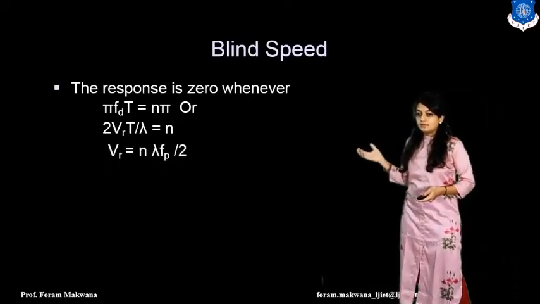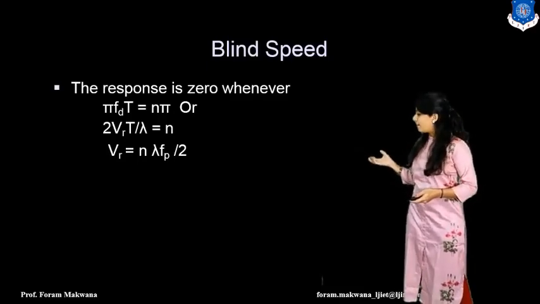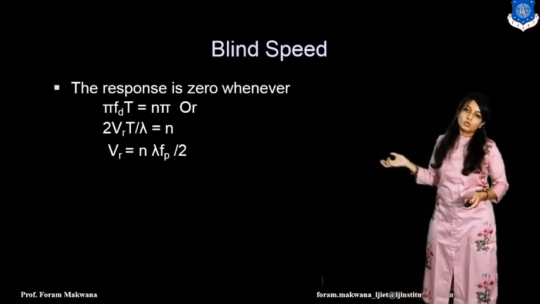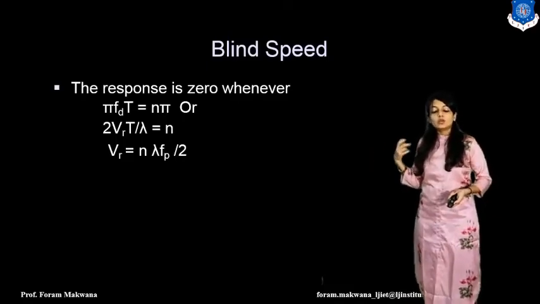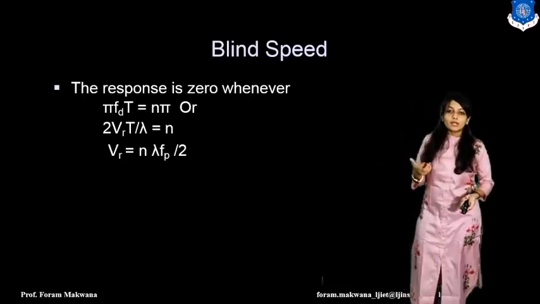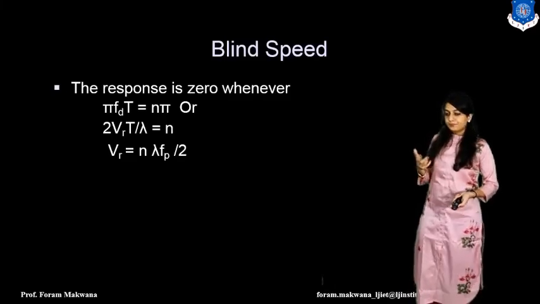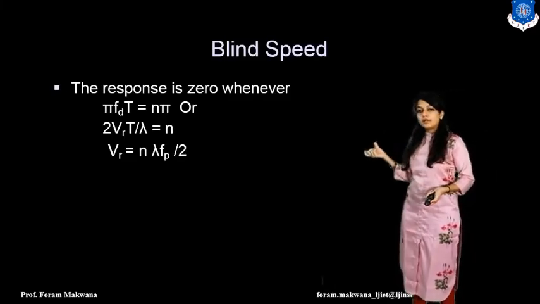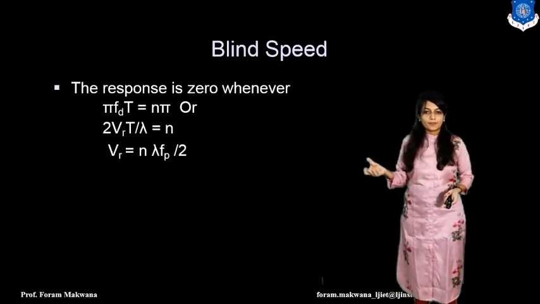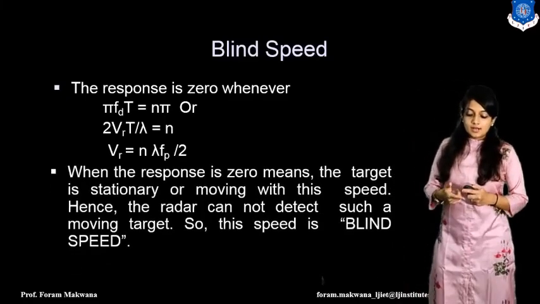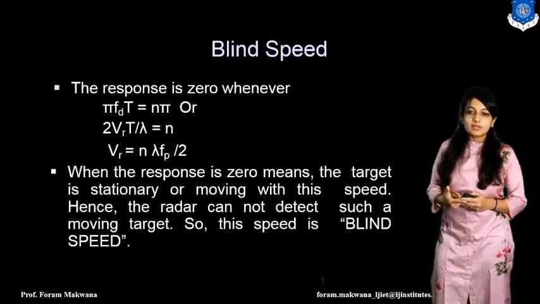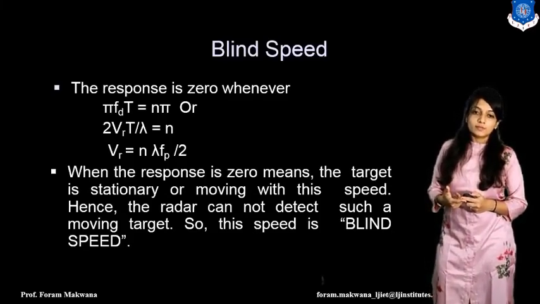So Vr is equal to n lambda fp by 2, where fp is the pulse repetition frequency. And if we need to calculate the second lowest blind speed, we only need to put n equal to 2. Alright? Now, when the response is 0, what does it mean?